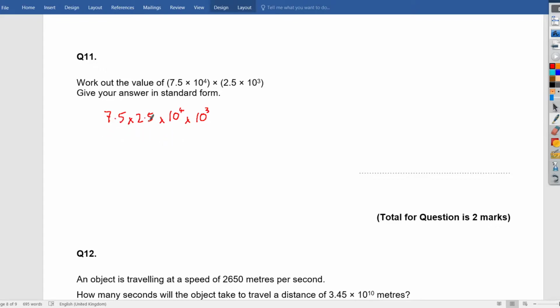Now, 2.5 times 7.5. If I do 7.5 times 2, that is 15, sorry. 2 times 7.5 is 15, so let's just write 15 here. And half of 7.5, well, half of 7 is 3.5, and half of half is a quarter, so 0.25.